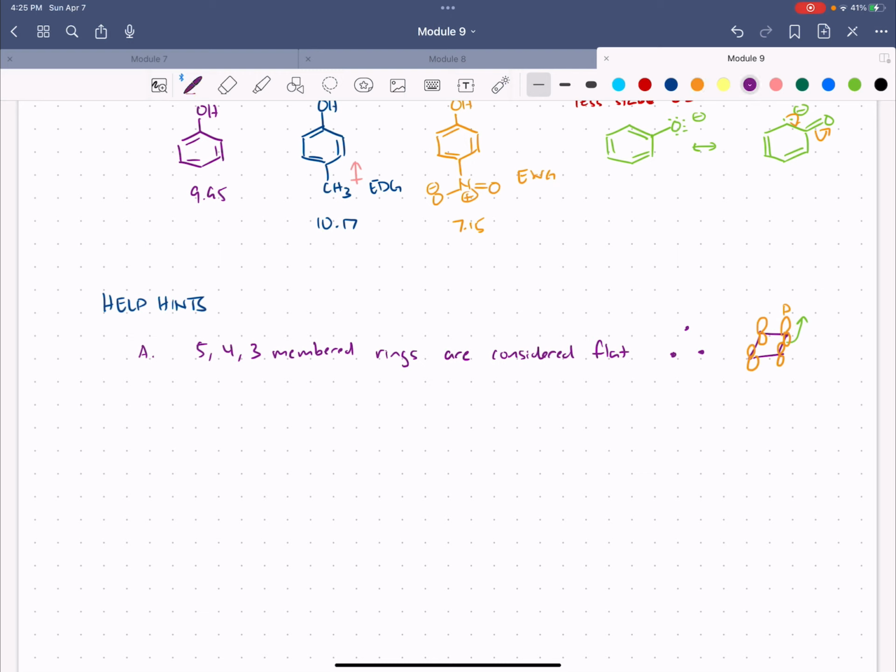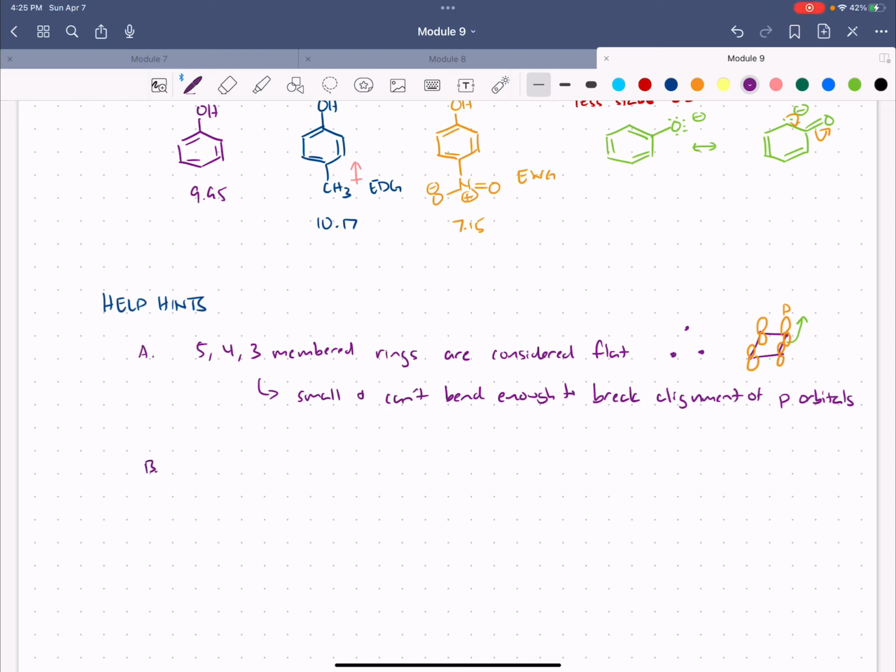So that's really the main point. They're small and can't bend enough to break the alignment of p orbitals. Now that could be a good thing or a bad thing, depending on the Hückel number. If the Hückel number tells me it's anti-aromatic, that's a bad thing. I really wish I could make this unflat, but for the small rings, you cannot.